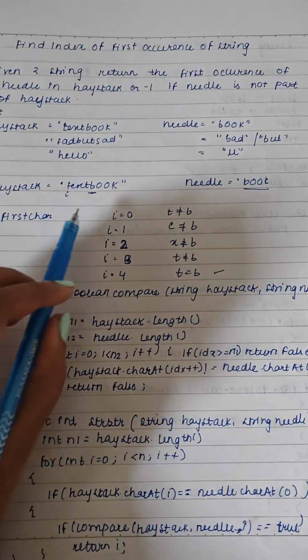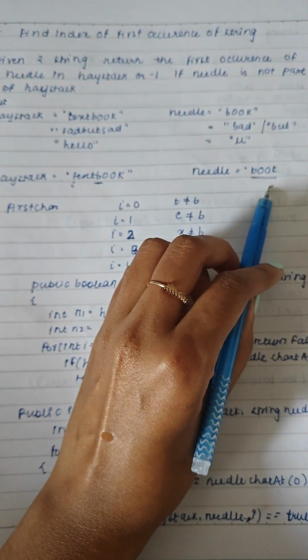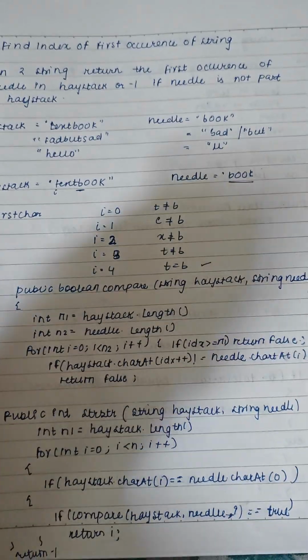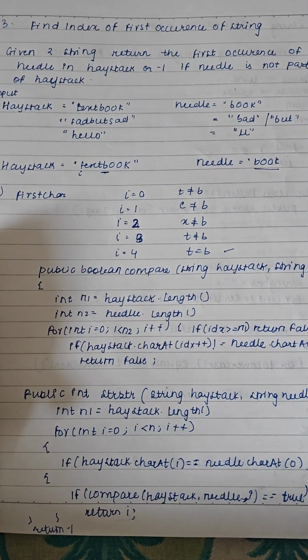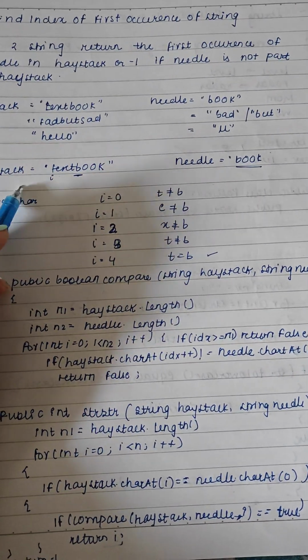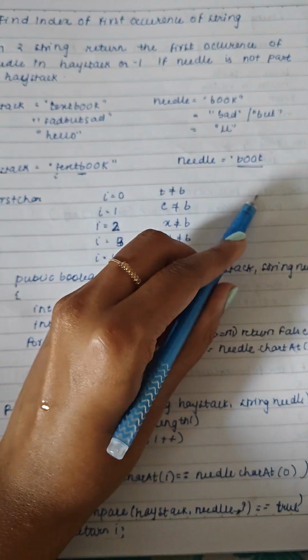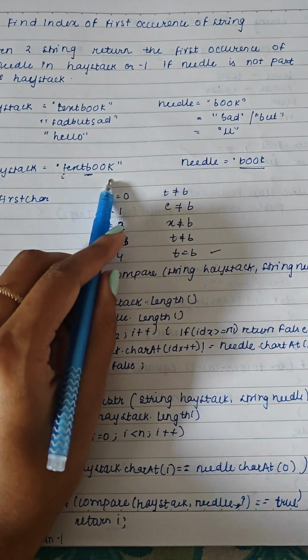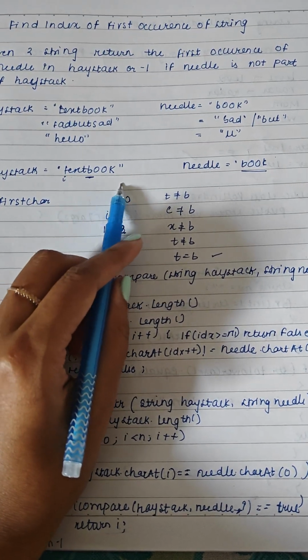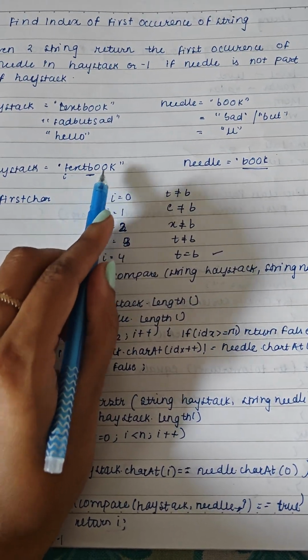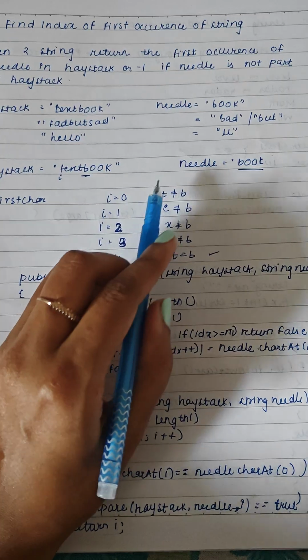So now let's consider the first example, textbook, and needle is book. Here we'll go character by character. We'll use a for loop for this iteration. We iterate over each character and check if it matches with the b.